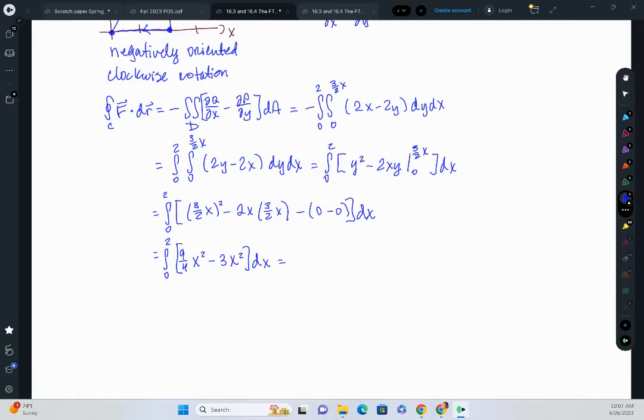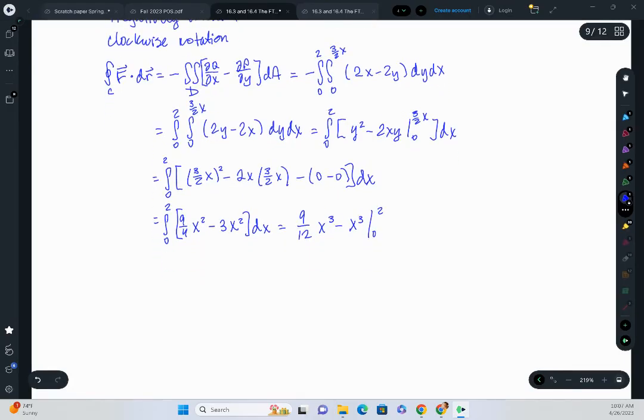The antiderivative of x squared is 1/3 x cubed, which means I'll now have 9/12 x cubed minus x cubed from 0 to 2. All right, and plugging in my 2, 2 cubed is 8. So I get 72 over 12 minus 8. And that is going to leave me with a grand total of -2.